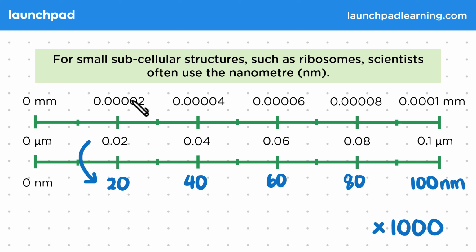So we're moving down the scale in terms of how large these measurements are, with millimeter being the largest and nanometer being the smallest. This is where ribosomes will fit on this scale. The maximum size of ribosomes in eukaryotes is about 30 nanometers, which is easier to say than 0.00003 millimeters.